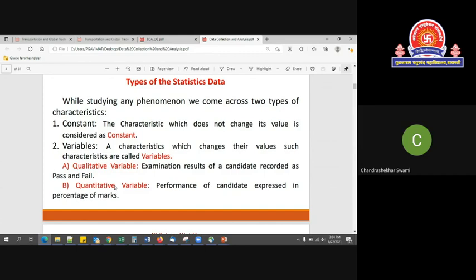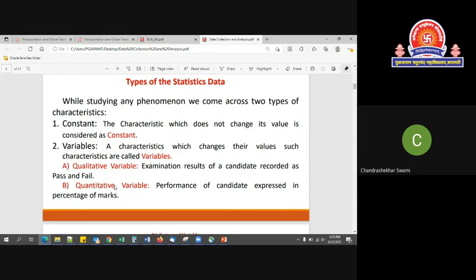And the characteristic I discussed, height of a person after 20 years, remains constant. This characteristic does not change its value, so it's a constant characteristic. And weight of a person changes its value, so we classify this characteristic in the variable category.